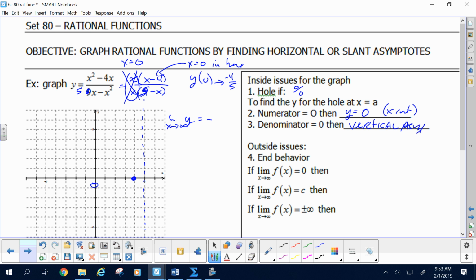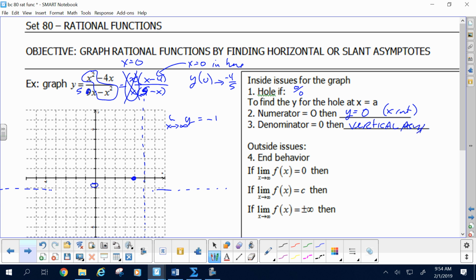Negative 1. These have comparable powers. As time goes on, the lesser powers mean less and less. These dominate, and they would start to approach negative 1. So I have a horizontal asymptote at negative 1, and it would also be a horizontal asymptote at negative 1 on the negative side.